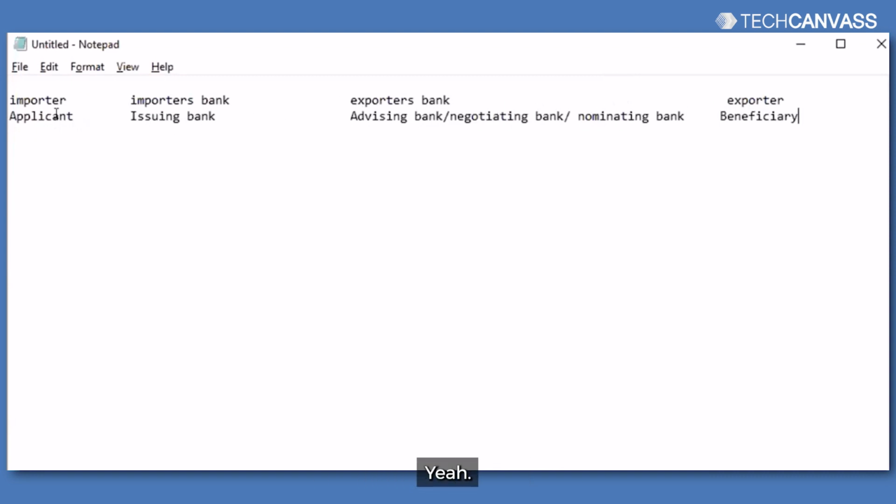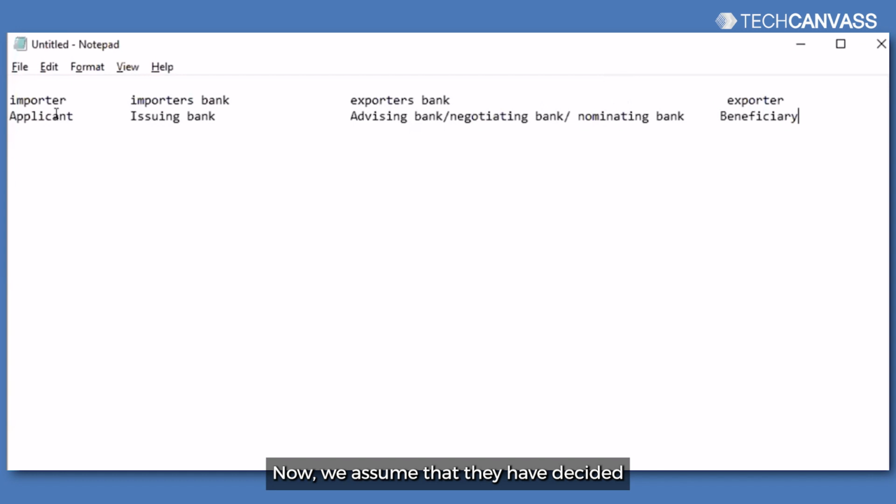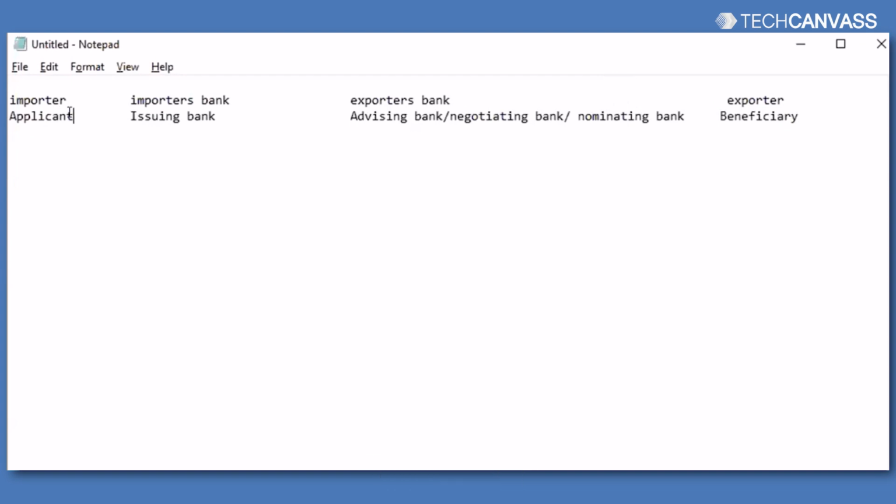Now we assume that they have decided to go for the letter of credit. In that case, the letter of credit will start from the importer side. The importer will go to the issuing bank and ask it to issue a letter of credit.